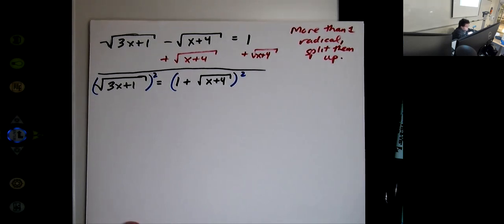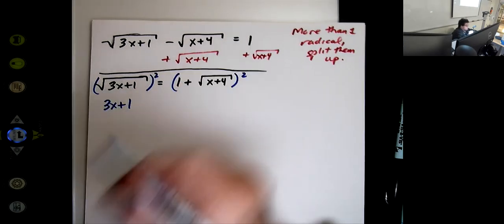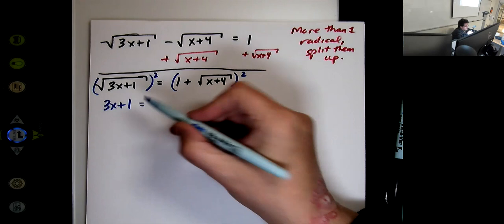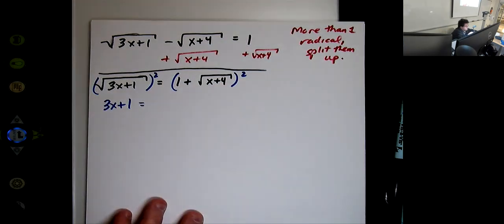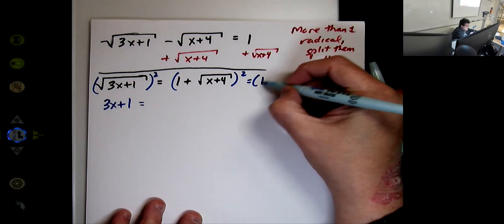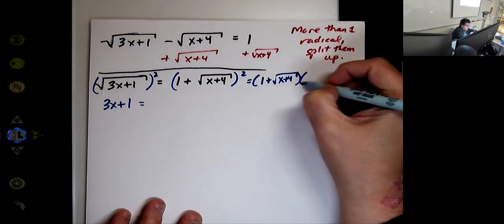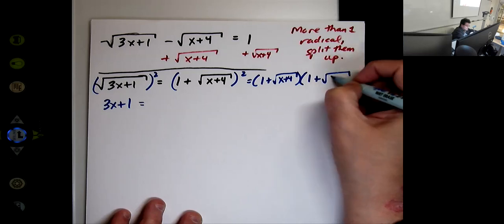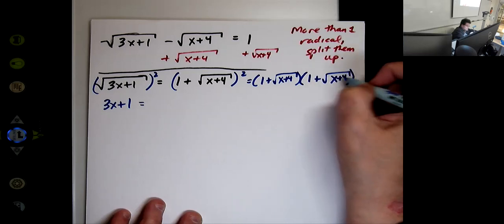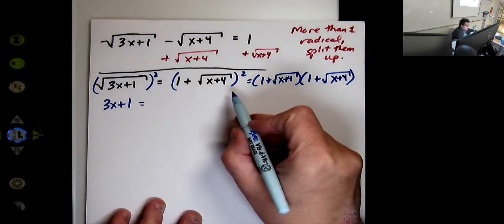On the left side, the square root and the square cancel, and I get 3x plus 1. The right side is a parentheses squared. This is 1 plus square root of x plus 4 times 1 plus square root of x plus 4. You cannot just square the 1 and then square the square root and say you're done.